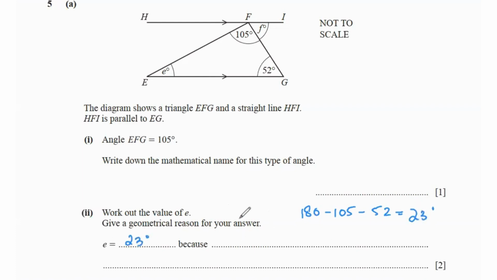Now, the reason for this is that sum of angles in a triangle equals 180. That is exactly why the value of E is 23, because we subtract the given angles from 180 to see what the value of the third angle is.